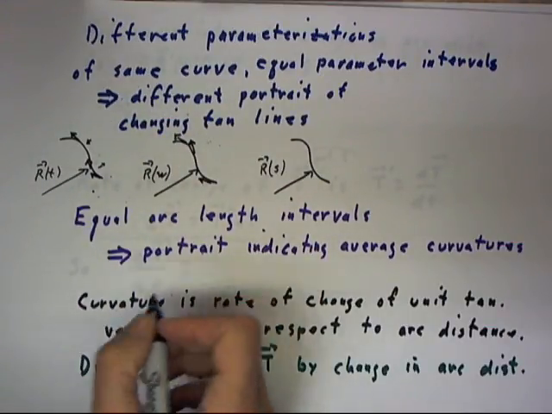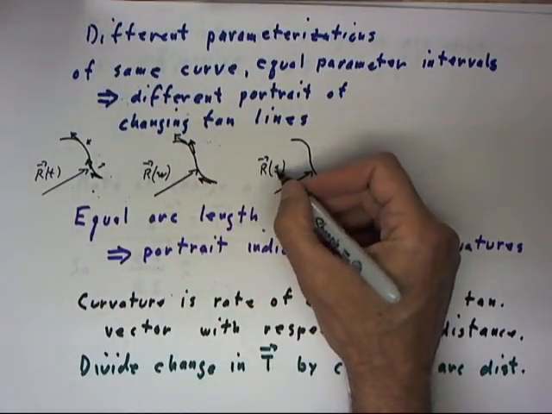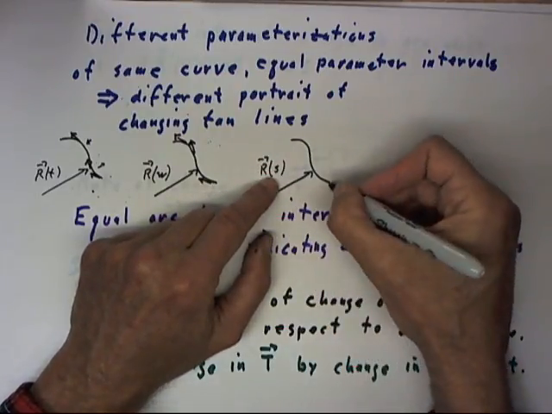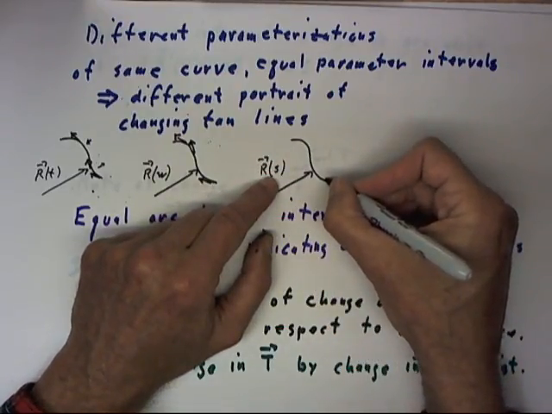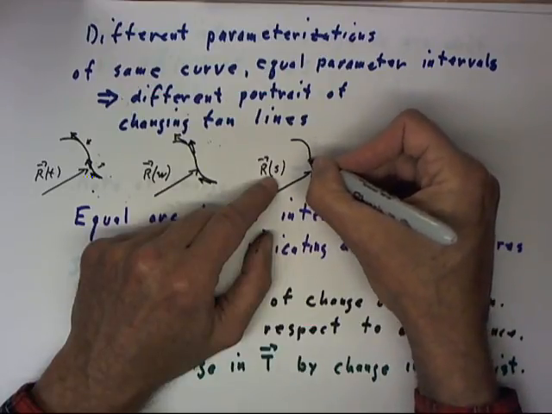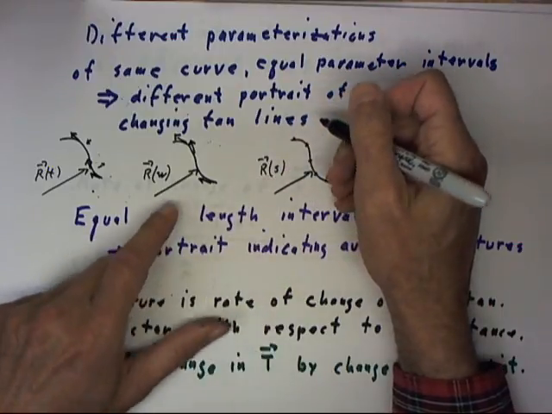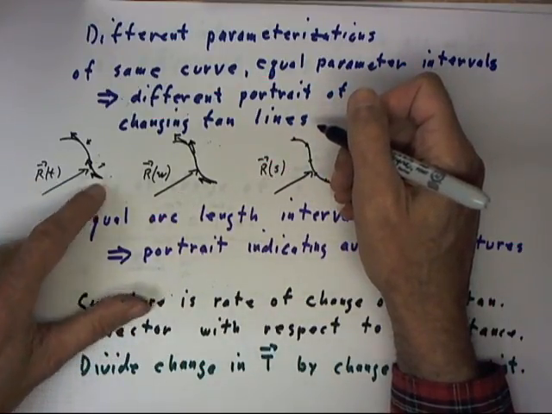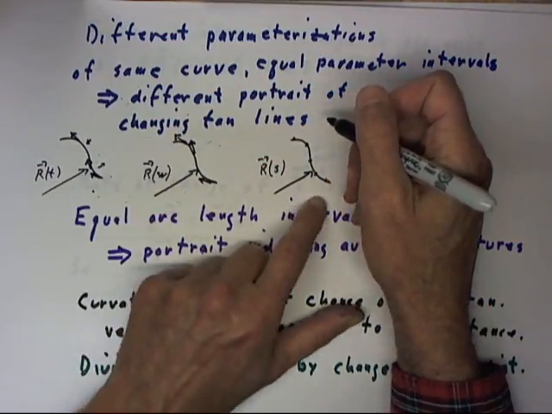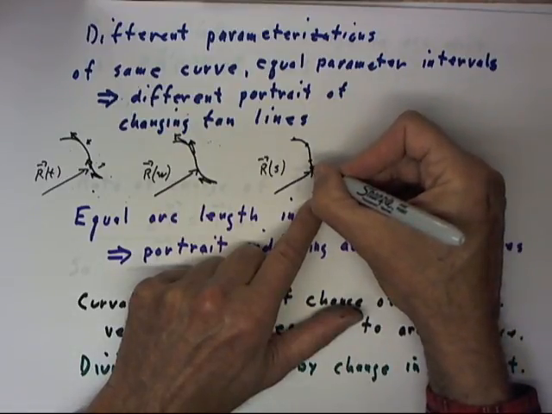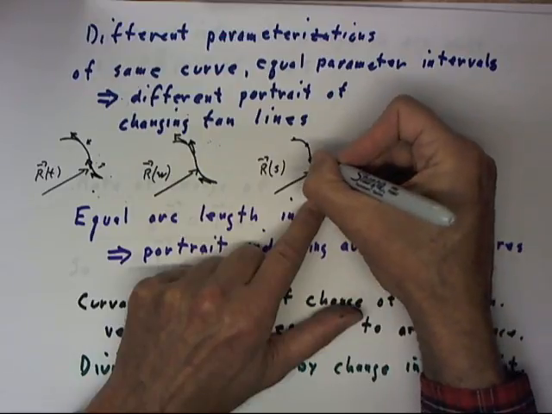Now if we do r of s, and I'll let s be the distance increment, in which case I'm going to have to draw these at equal distance intervals along the curve, then it doesn't matter what r of t looks like or r of w. On this one, we are going to have a decent indication.